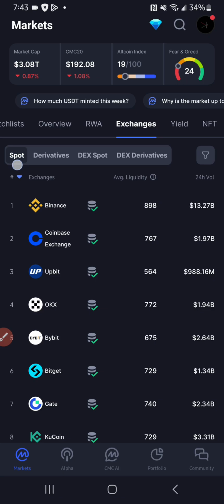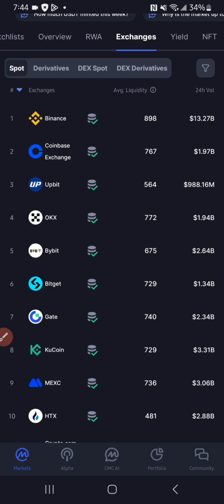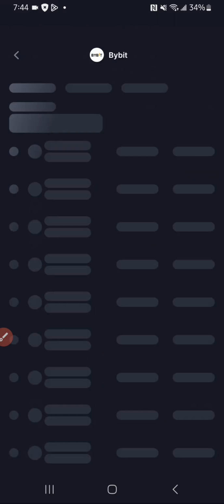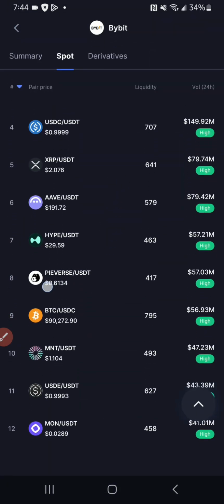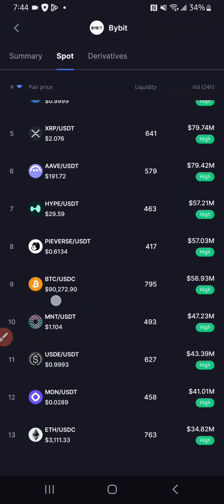Spot is right here. Under spot, you are going to have to scroll down and locate Bybit, or any exchange you intend to use in doing this. In my case, Bybit.